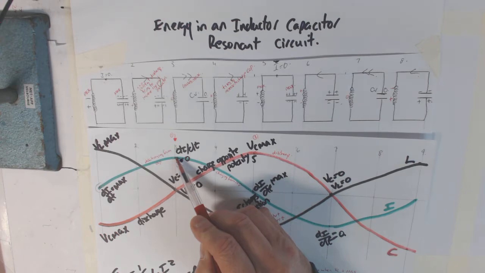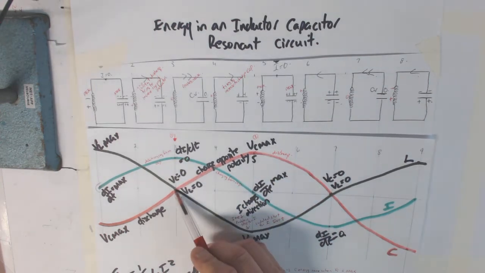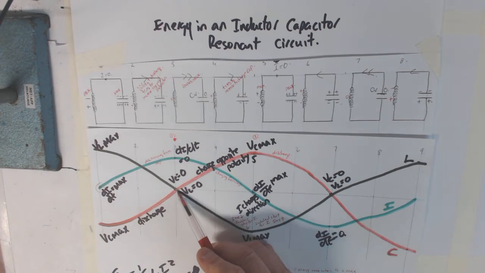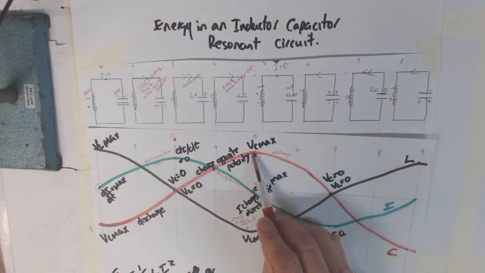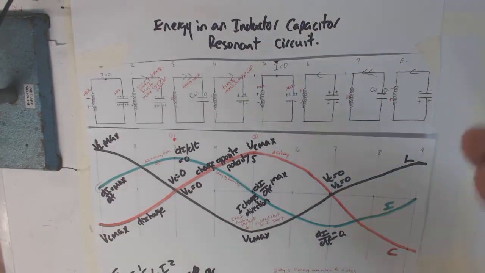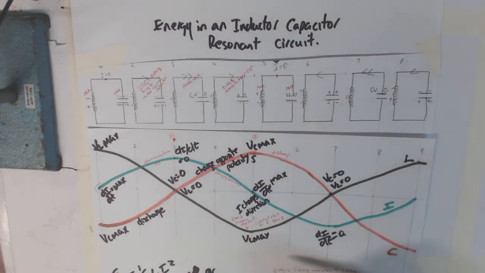So if our current's maximum, half Li squared is going to be maximum. This is the point where our energy is maximum for the inductor. Maximum capacitor, maximum inductor. So it's bouncing backwards and forwards, like between gravitational potential and elastic energy, like a mass bouncing on a spring.